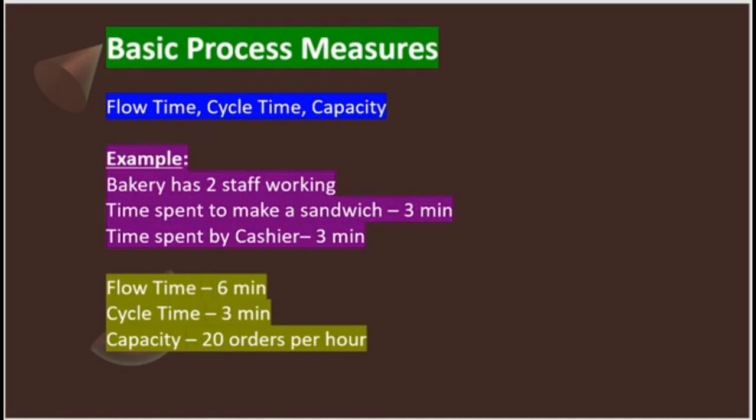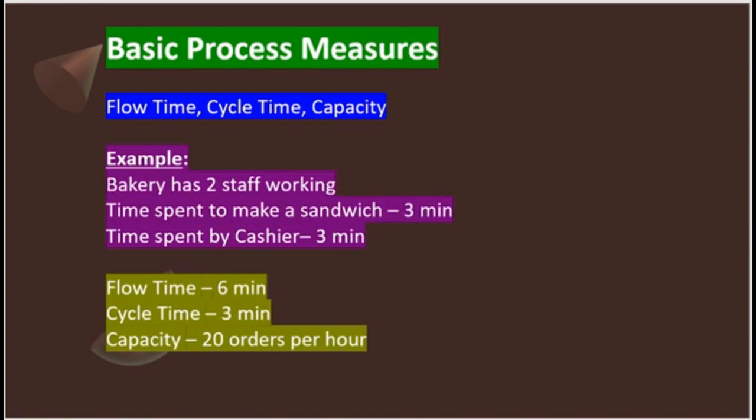Let's see how we arrived at 6 minutes and 3 minutes. The capacity is of course very simple, because you are taking 3 minutes per sandwich on average, so 60 divided by 3 is 20 orders per hour.